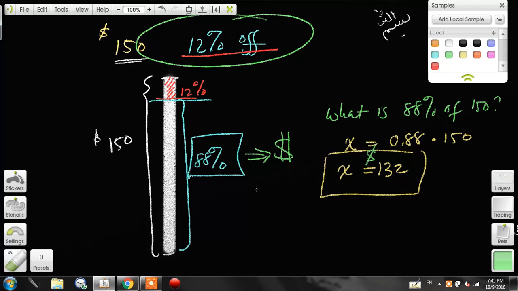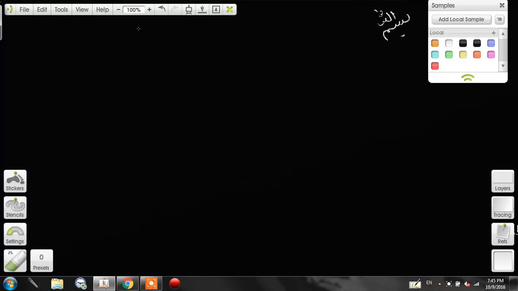Now, let's do another one. Let's say somebody buys a washing machine. I don't know how much that costs, let's say a pretty hefty price, $480.